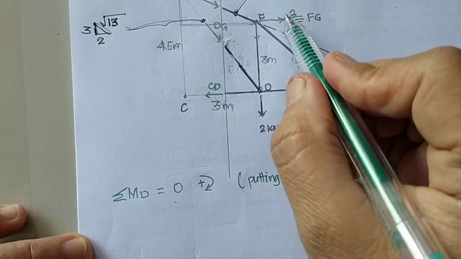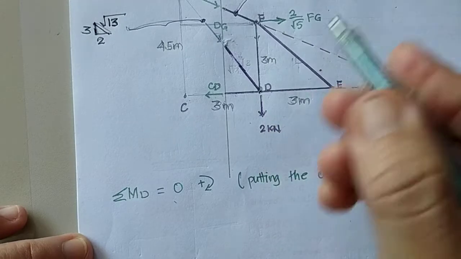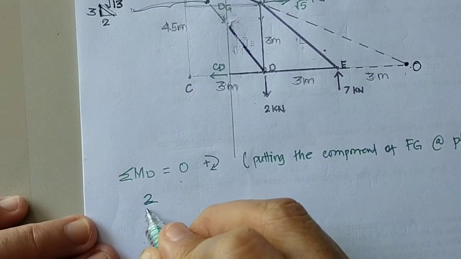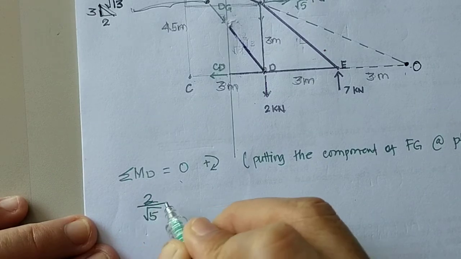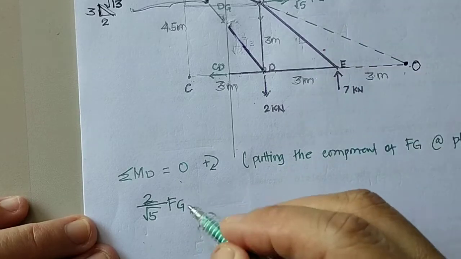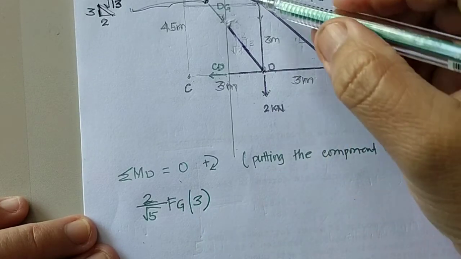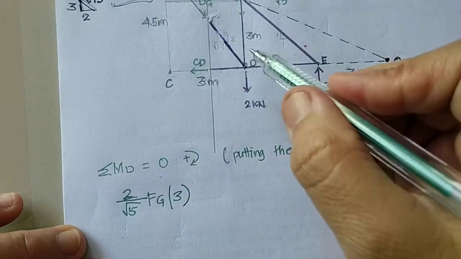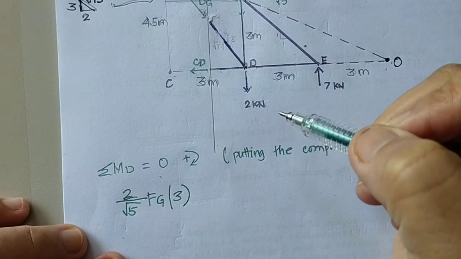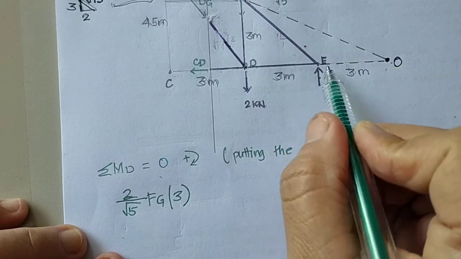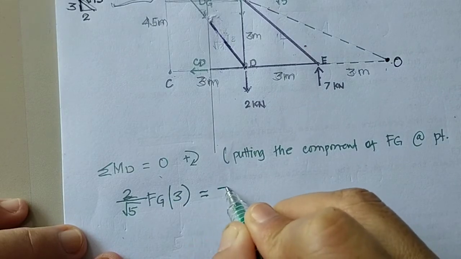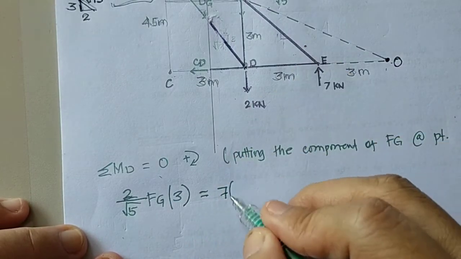So let us first analyze the FG. 2 over square root of 5 FG, moment arm is 3 meter multiplied by 3. So this is counterclockwise. Then the reaction 7 multiplied by 3 is clockwise.